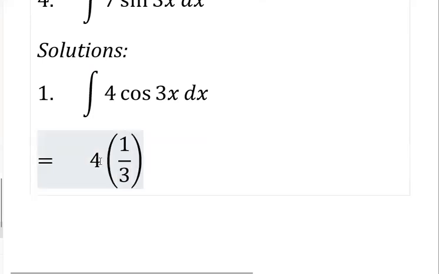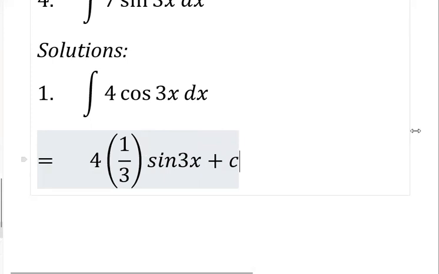Very good. 1 over 3 sine 3x. But don't forget, since we're already integrating, we had our plus c. It is very key, very important.